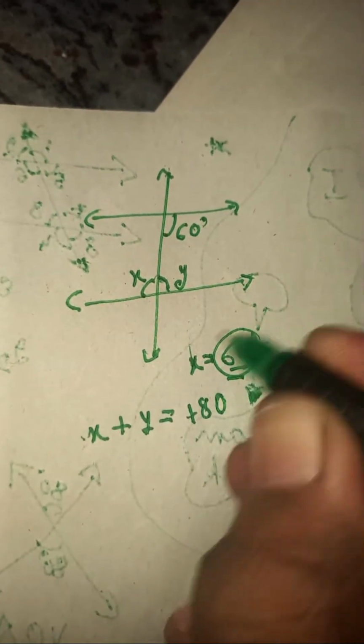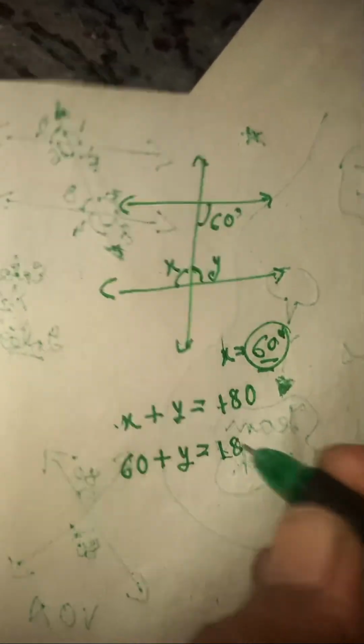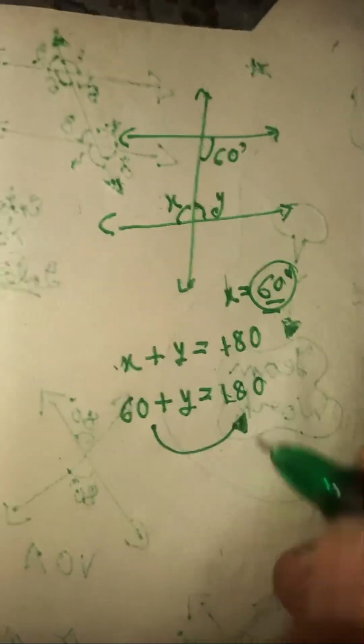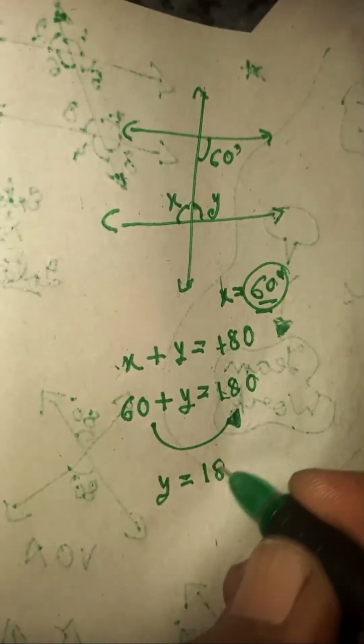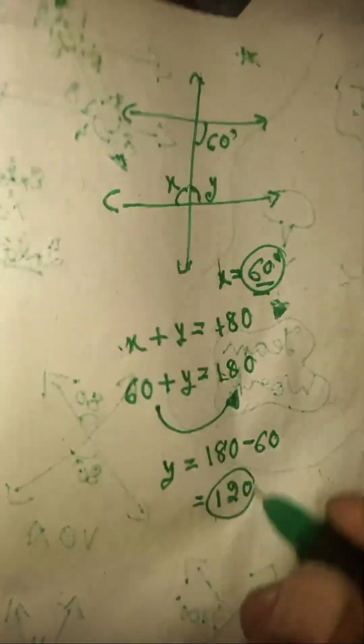Here we found x as 60, so substitute: 60 plus y equals 180 degrees, and now send this 60 to that side. It's going to become y equals 180 minus 60, which equals 120 degrees.